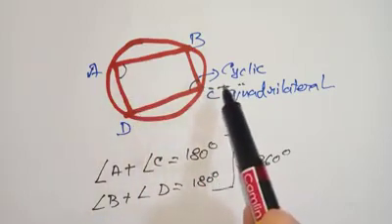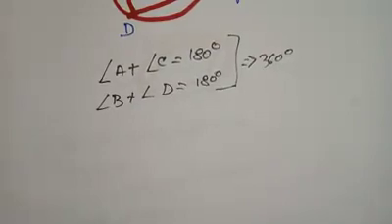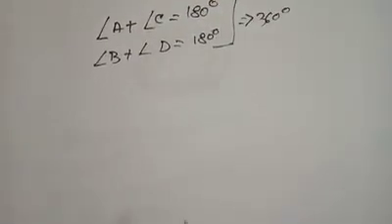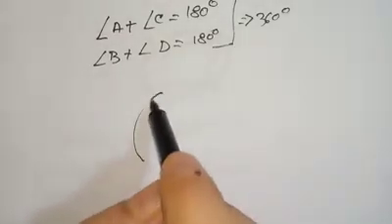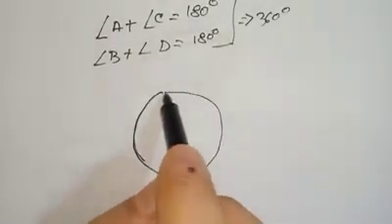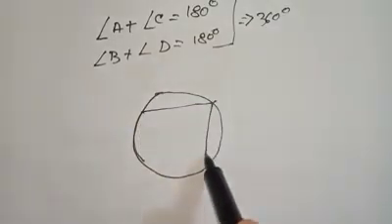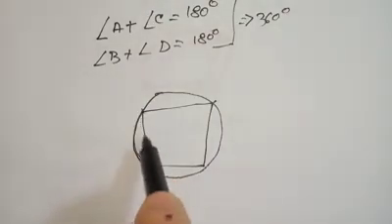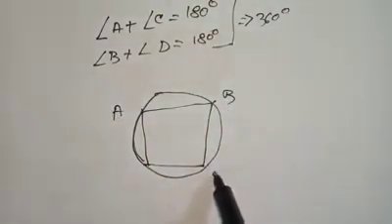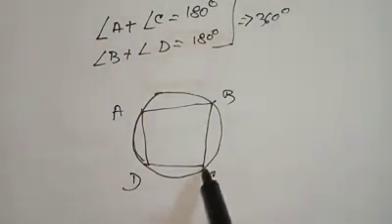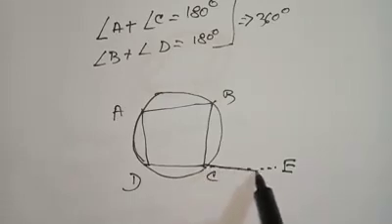So if I further extend it, okay, let me draw it once more for you. Okay, here comes. So we get a circle, and then inside we get a polygon. This is a polygon, and we name it as A and B and C and D. Now we extend it further to E. This one is an extension.